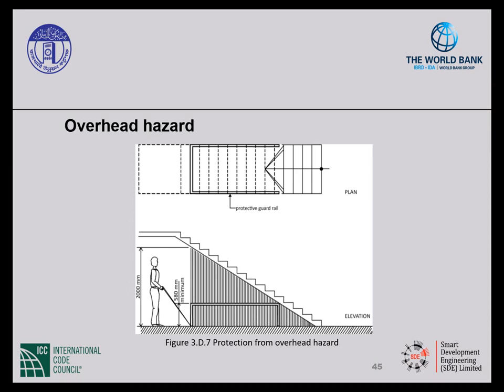And at the point that that headroom clearance is at 2,000 millimeters above the finished floor, you need to protect against that hazard. And again, just like with a protruding object, you want to place some sort of a barrier that is at least 500 or no more than 580 millimeters above the floor.